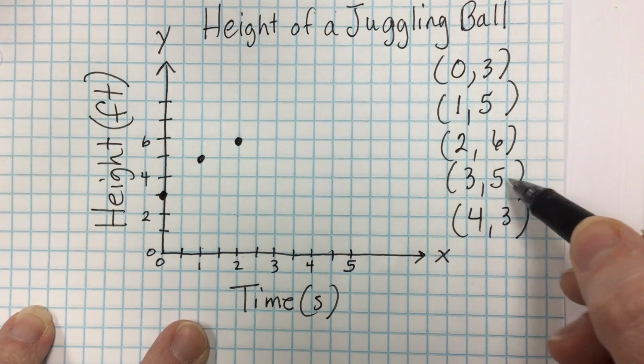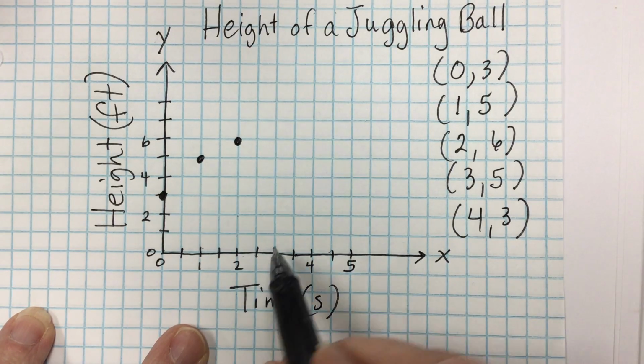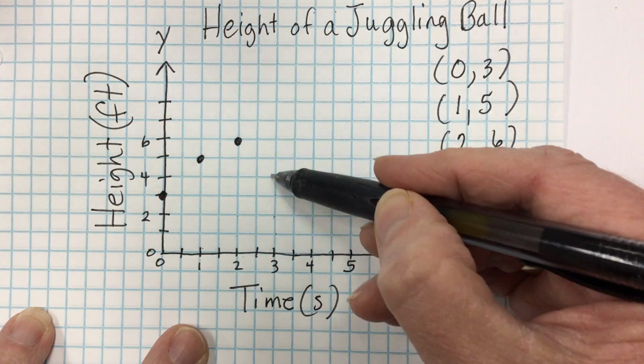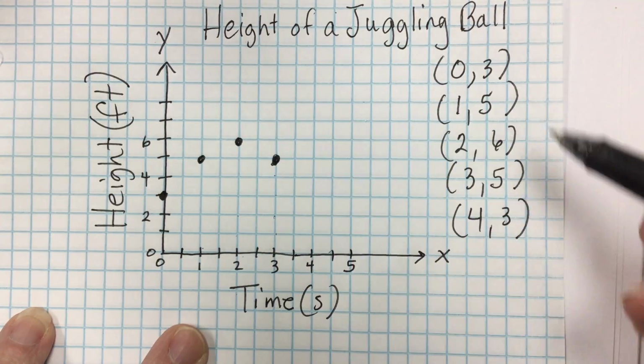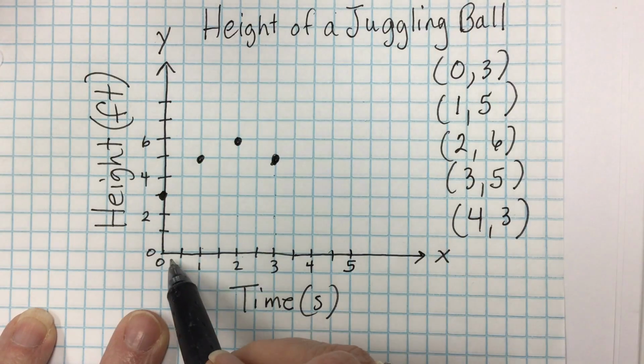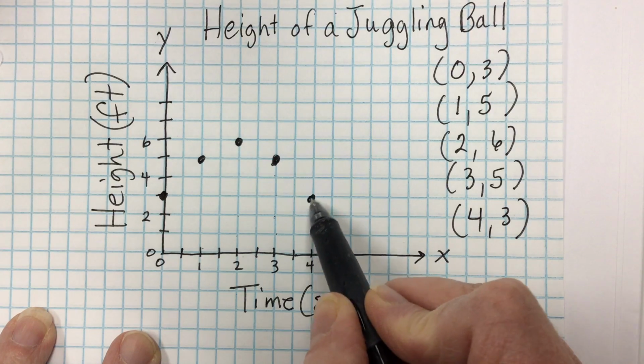There's the point 2, 6, 3, 5. On the X-axis, 3, up 5, 1, 2, 3, 4, 5. And then we have the point 4, 3. On the X-axis, 4, up 3, 1, 2, 3.